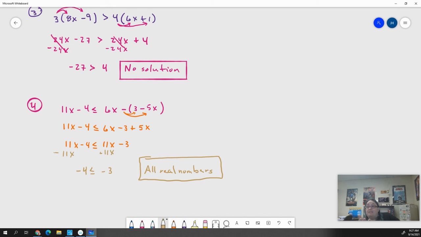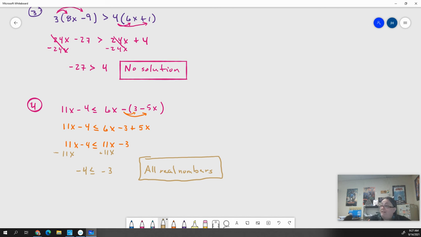Because if I put it in for x on one side, I have to put it in for x on the other side. Each side will be being multiplied by the same exact thing. So it's always going to stay true that the one side is less than the other side. So all real numbers would be your solution.